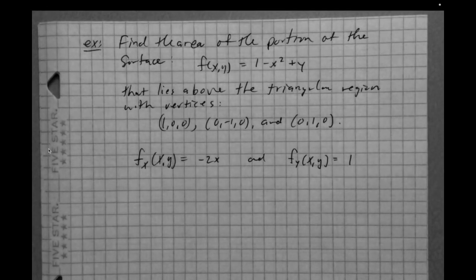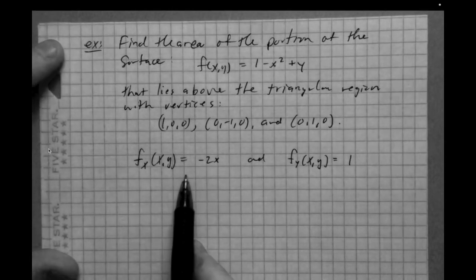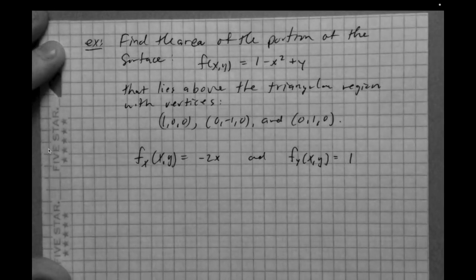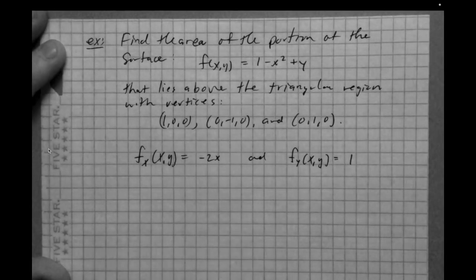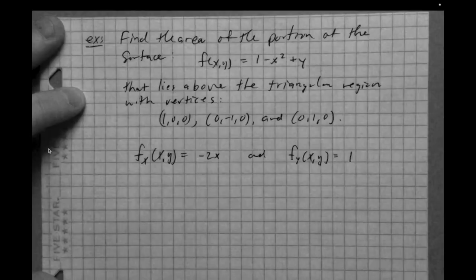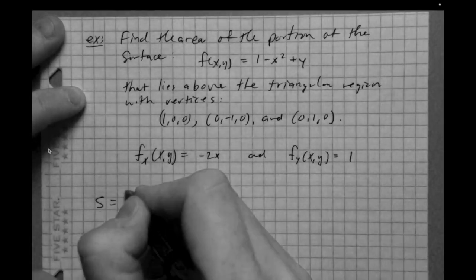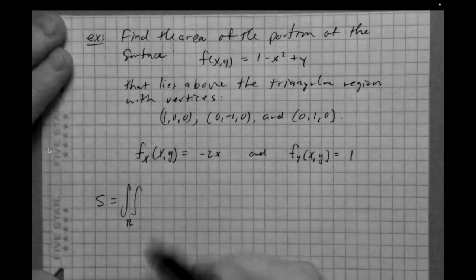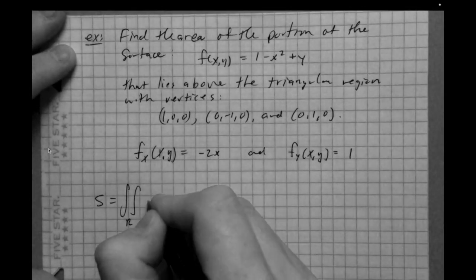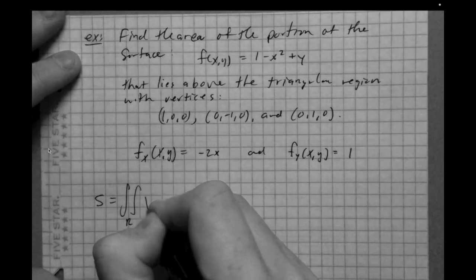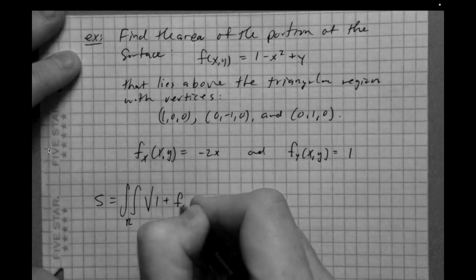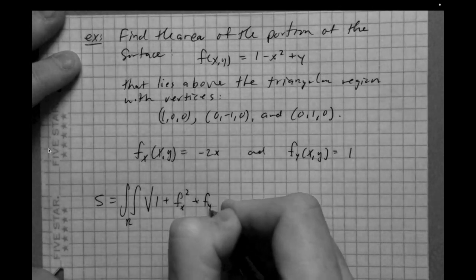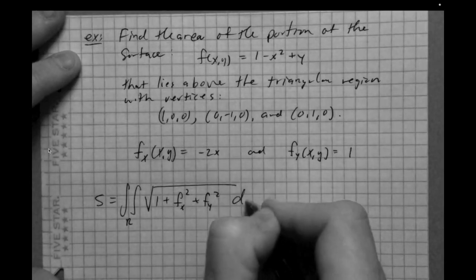Now let's plug these partials into the general formula for the surface area. That's a double integral over the region, and we'll have to come back and draw a picture to figure out what the region looks like, but the formula we're interested in is 1 plus f sub x squared plus f sub y squared dA.